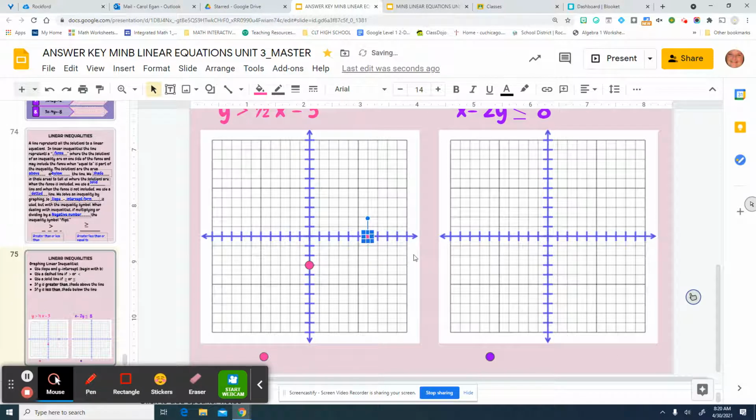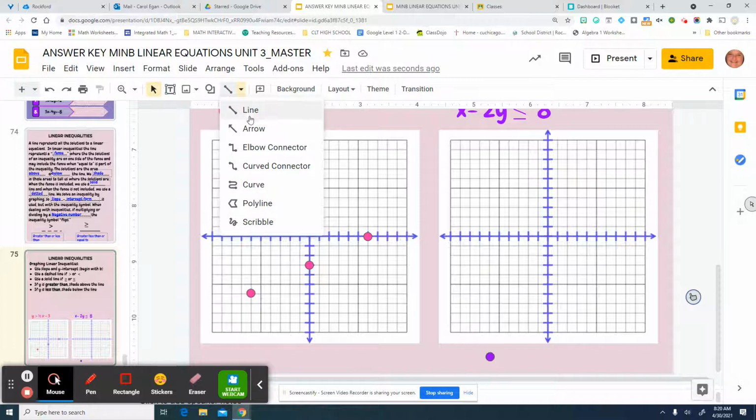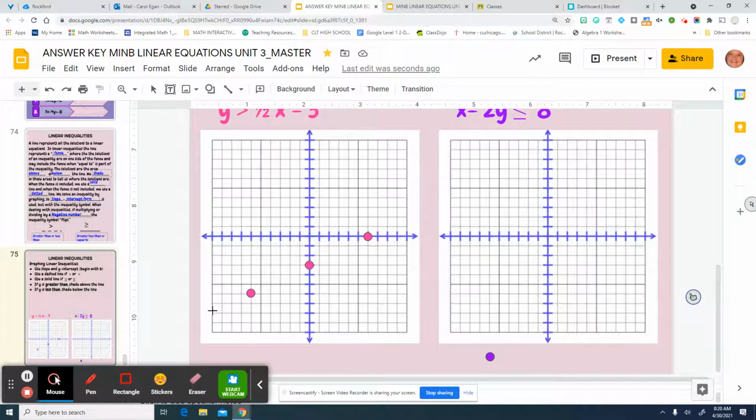And you should remember that when we did the subtraction of fractions this week in the bell ringer, we had to change 1/2 to 3/6. So do the same thing. I'm going to go down 3 here, 1, 2, 3, and over 6. Okay. Then, of course, I'm going to use my line tool to help me draw the line.